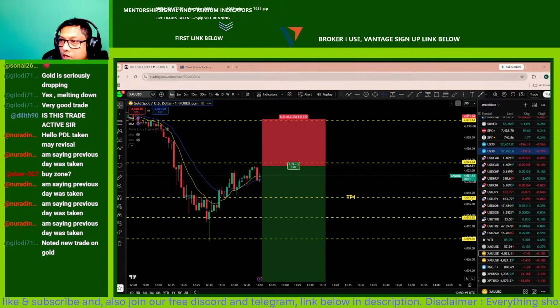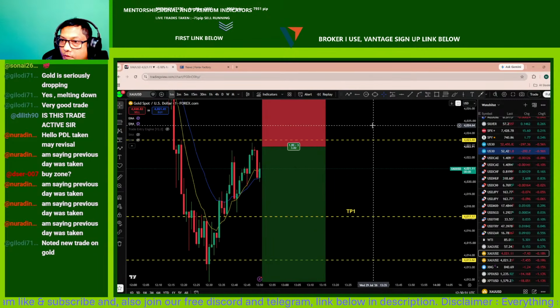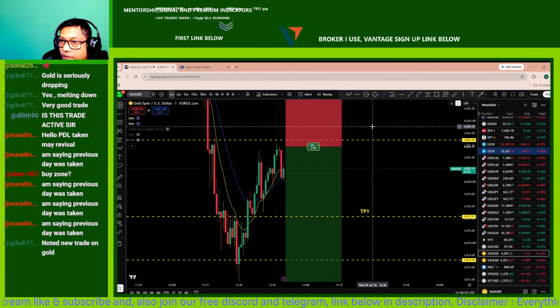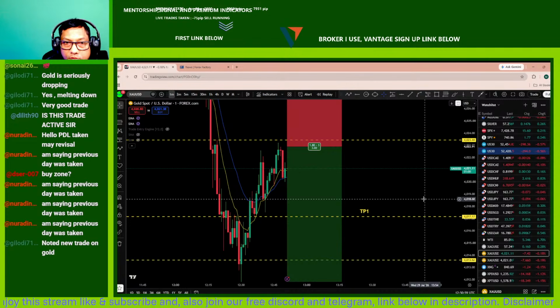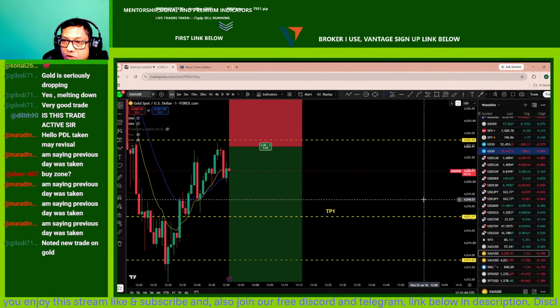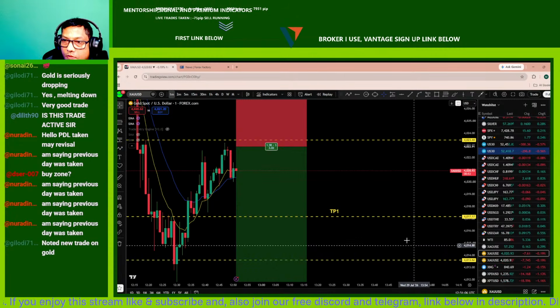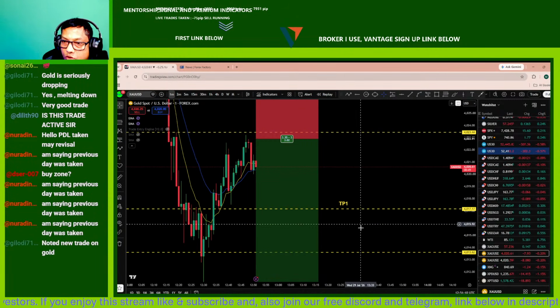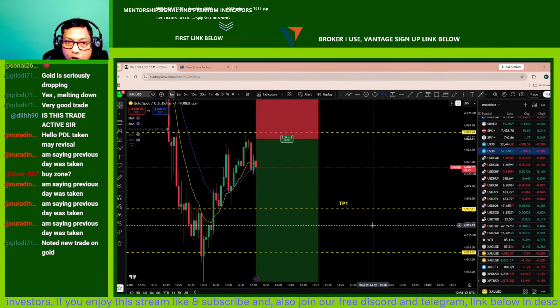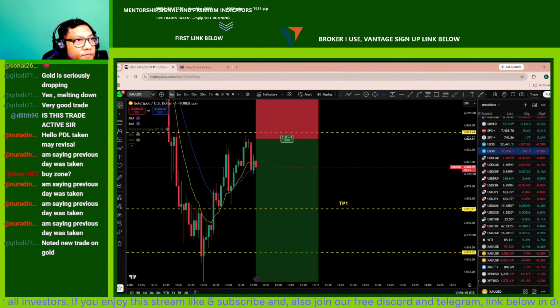Move a little bit. If it breaks below, the market can come down a lot. So there can be a head and shoulder. The price can come down because there is an order block here that you can see.